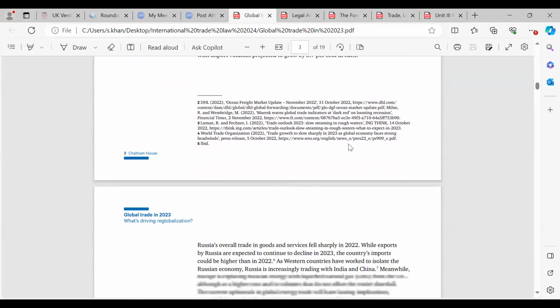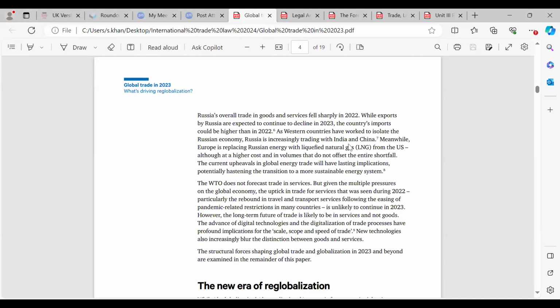This is a 19-page article you can read in your own time, looking at the newer changes and what's driving reglobalization. Have a look at it because it's quite an interesting one on the new changes, and it's on Moodle for additional reading.